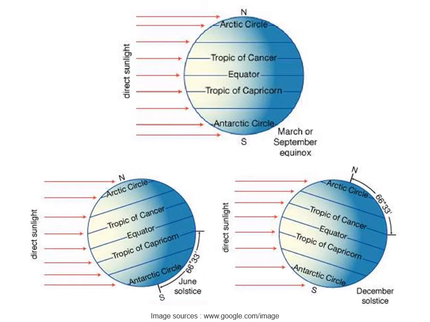You can see, if you thought that Earth's axis is vertical, all the points over the Earth's surface would receive the same amount of energy throughout the entire year. So if this would be the Earth's position, then there would be no seasonal variation.